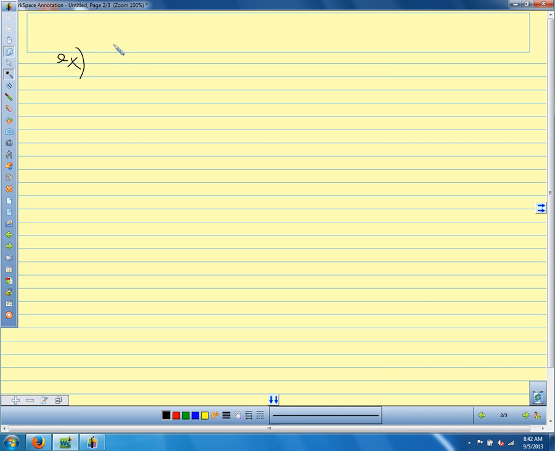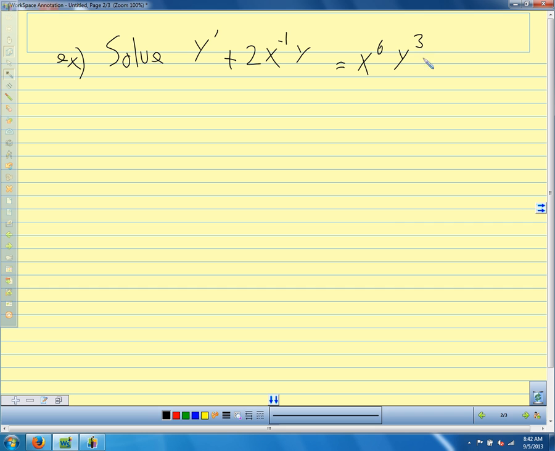So we want to solve y prime plus 2x minus 1 y equals x to the 6th y to the 3rd. This looks a lot like the equations we've just been working with, but this makes it nonlinear, because we have our function raised to the power of 3.